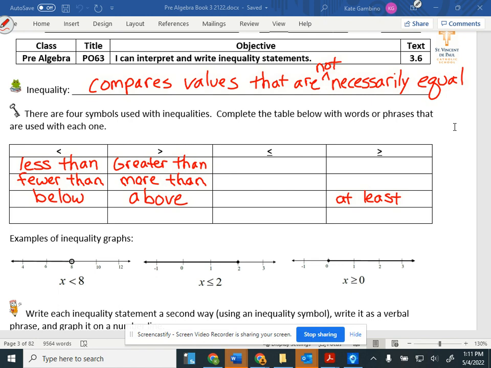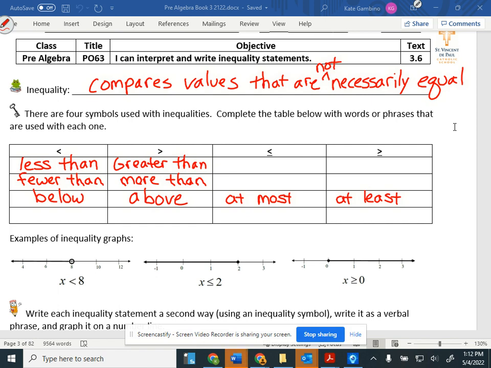It needs to be at least 4. If you're saying at least, it can be more than 4. If it's at least 4, it can be bigger than 4. At most would be on this side. It is at most 4. It can't be over that. It has to be 4 or less. If it's at most 4.